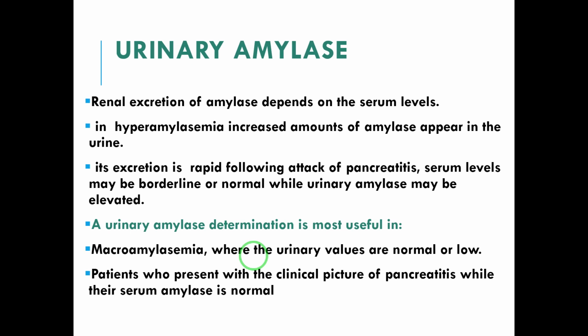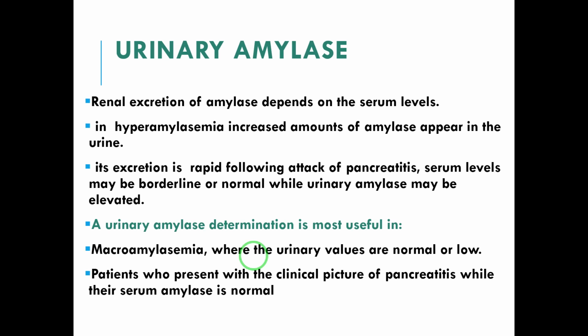Because amylase is small and can be excreted normally by the glomeruli in the urine, we can use urine amylase as a marker of disease, because if the production or the level of amylase in the circulation increases, the excretion in the urine will also increase.